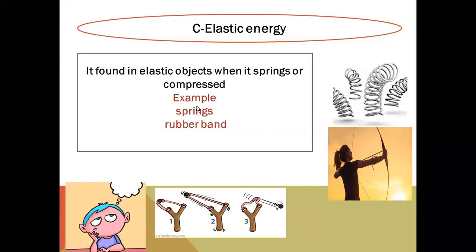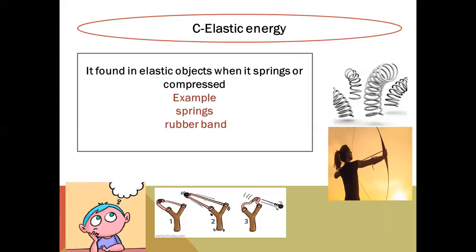So make the difference between springs and rubber bands. With a rubber band, the greater it is stretched, the greater the elastic energy. And with springs, when you compress or stretch them, elastic energy is produced inside the spring.